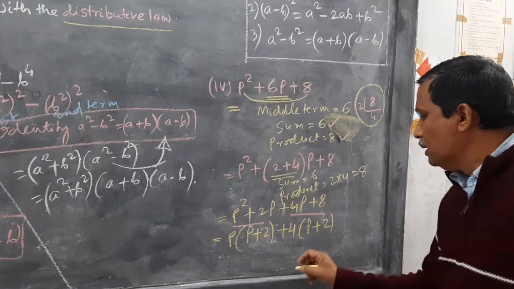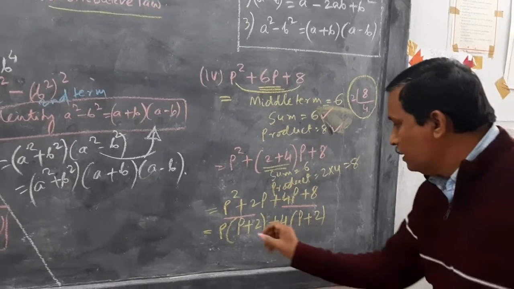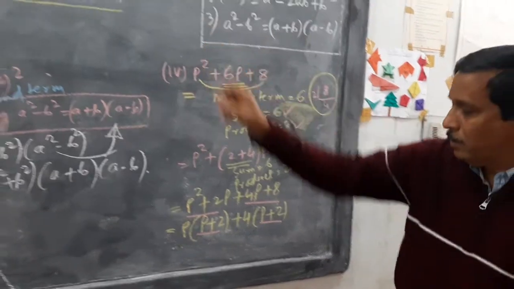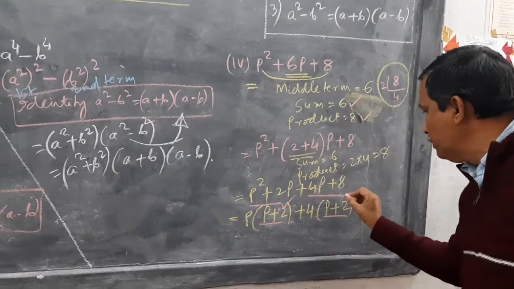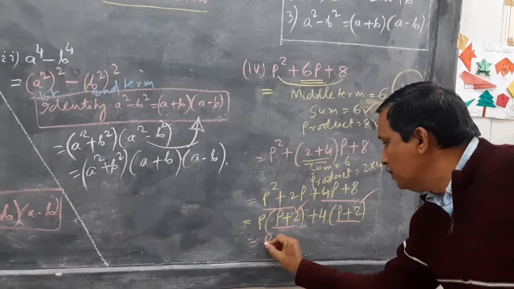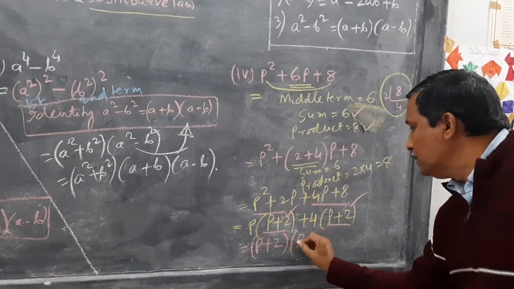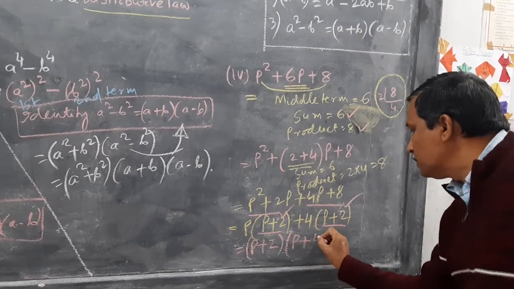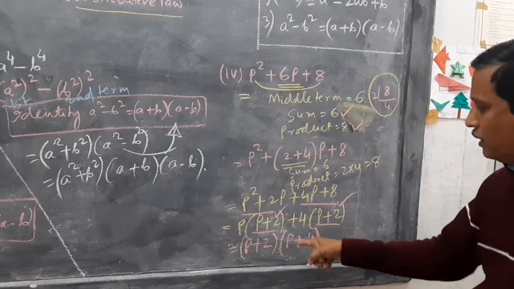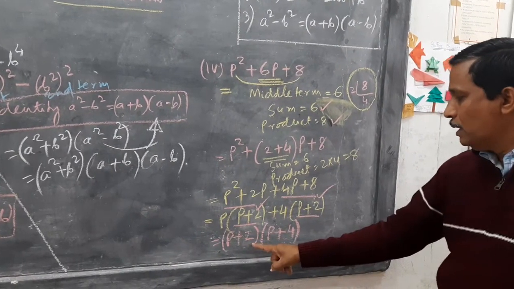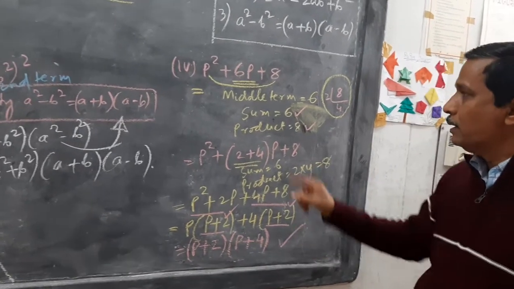Now you see here p plus 2, and here also p plus 2. So according to the distributive law, you take p plus 2 outside. Here what remains? p. Here what remains? Plus 4. If it were minus 4 you would take minus 4, but here it is plus 4. So (p plus 2) into (p plus 4) is the factorization of this expression.